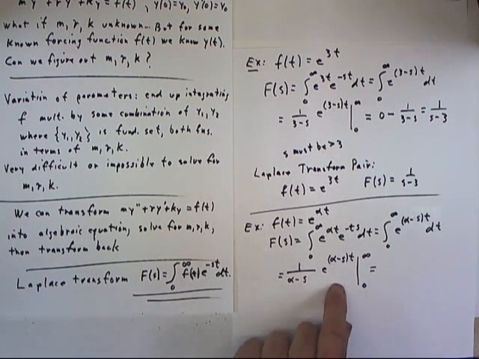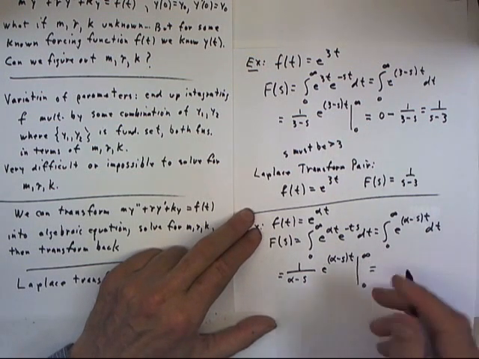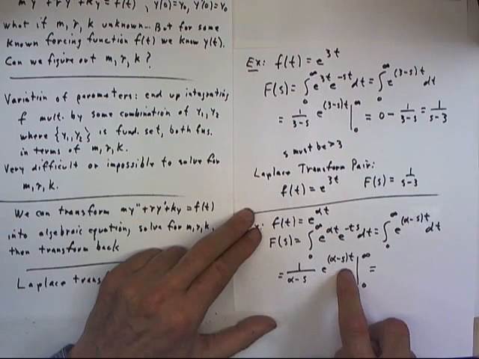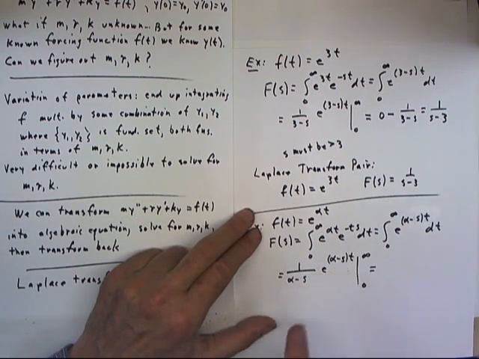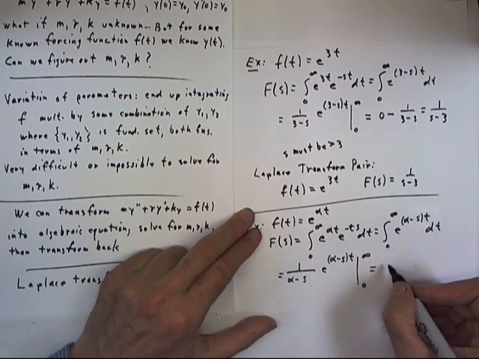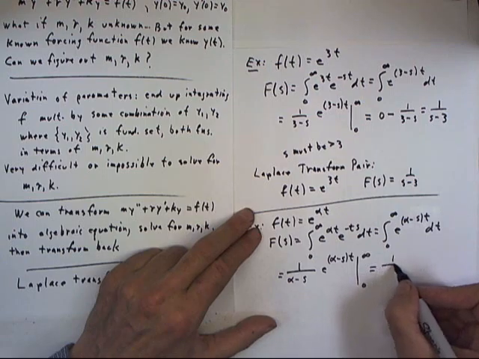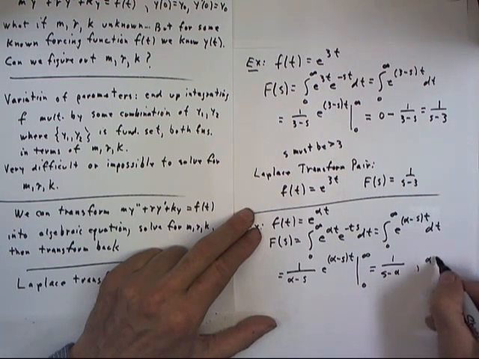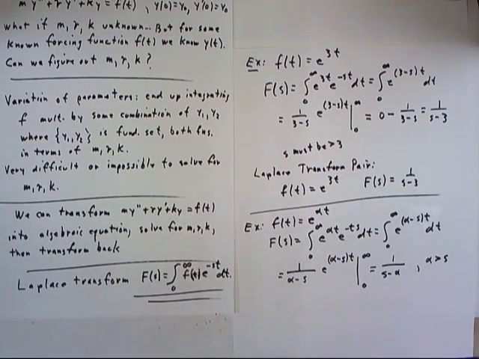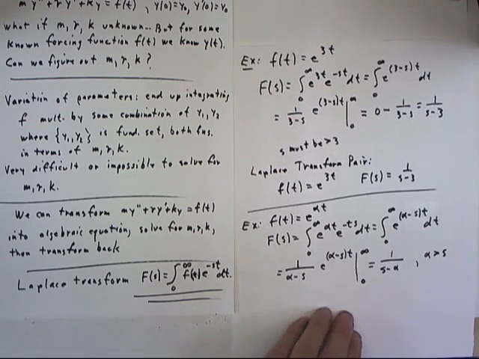As t approaches infinity, as long as s is bigger than alpha, this works. And we get 1 over s minus alpha, s bigger than alpha. Notice that I fixed this up here. I don't know if I pointed that out.